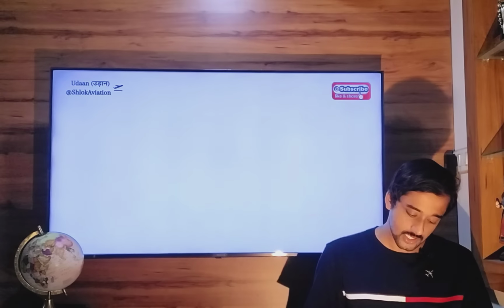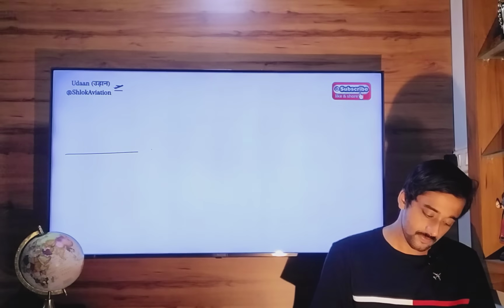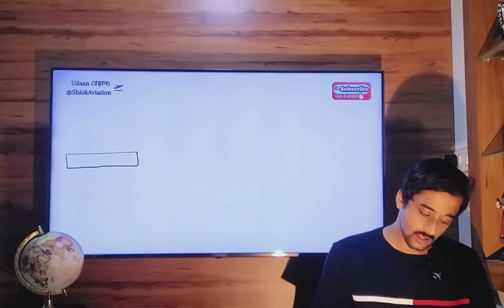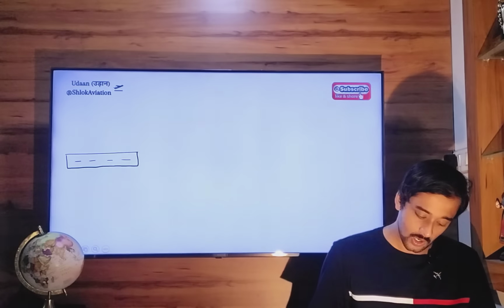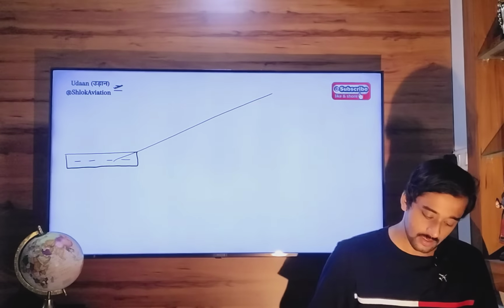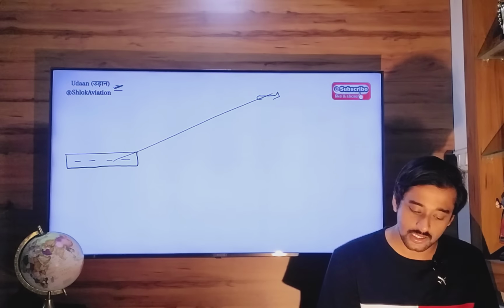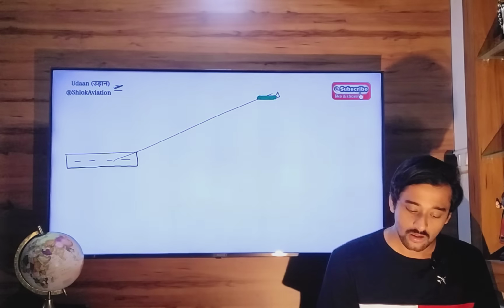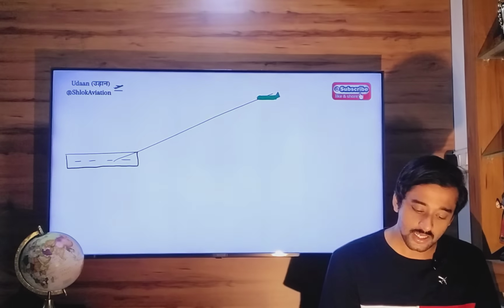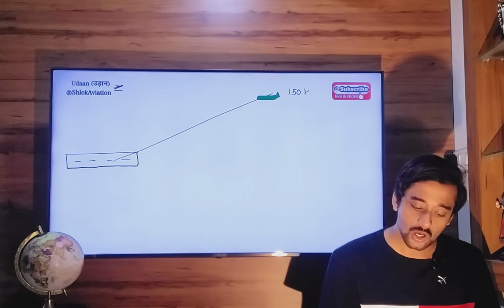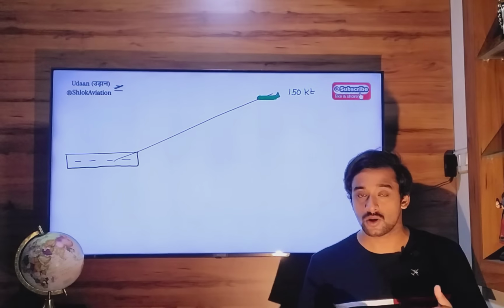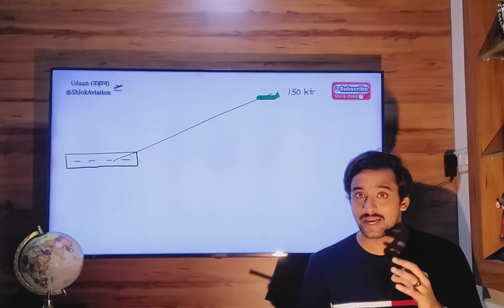So what will happen? See, this is your runway and this is your glide slope. Initially, you are correctly established on the 3 degree glide slope like this. Here the speed was 150 knots. Now all of a sudden your speed decreases to a new speed of 120 knots.